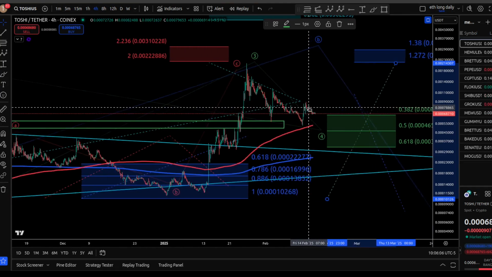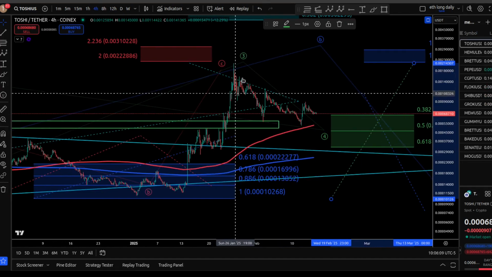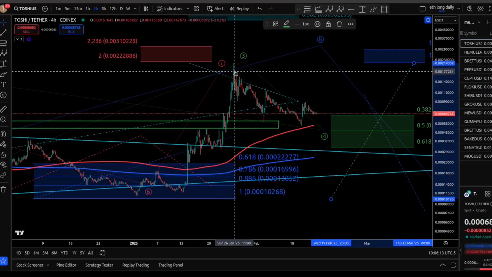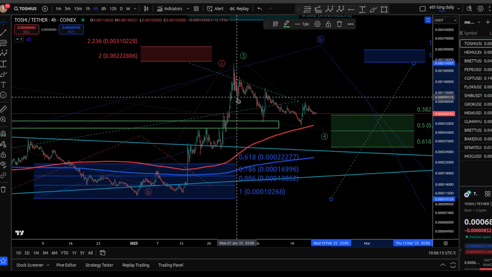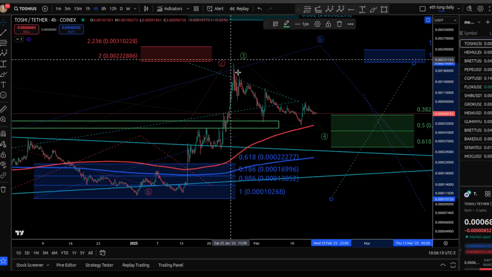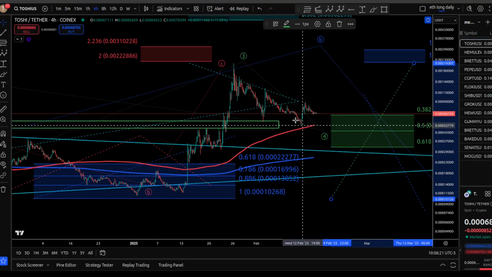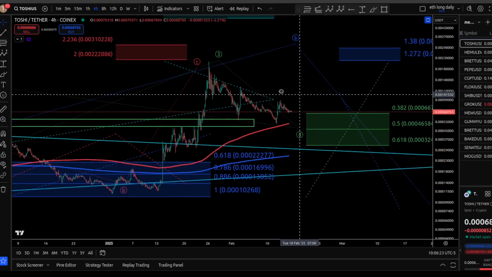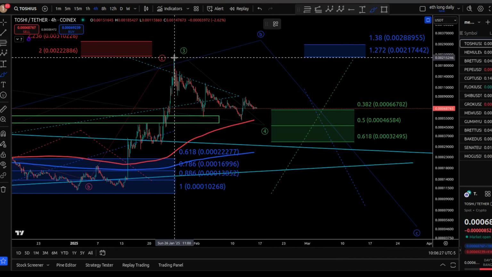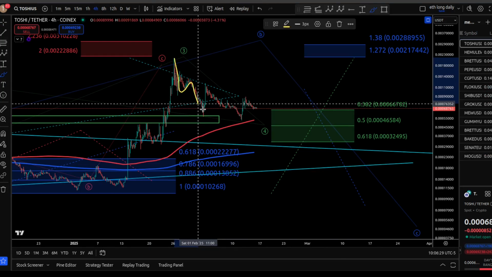If I do some micro counting, I'm not sure, maybe this is just the A, B, C, or this is the A, the B, and the C. Now the dilemma is: is this it?